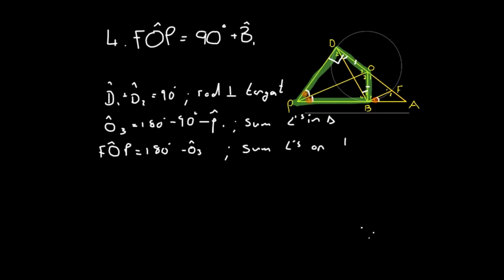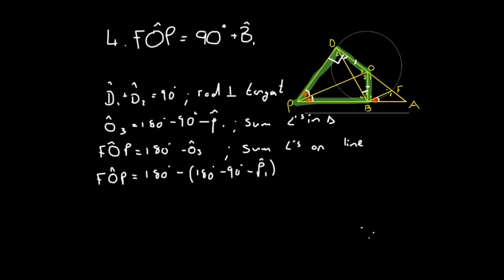Now, what we need to do is substitute O3 with what it actually is. So FOP would actually be 180 degrees minus, and just remember when you're replacing a variable, put whatever its value is in brackets. So minus (180 degrees minus 90 degrees minus angle P1).